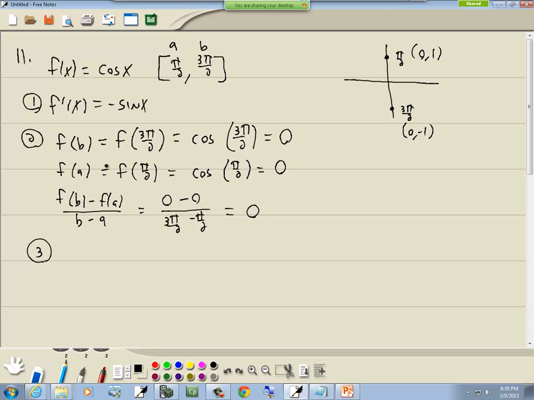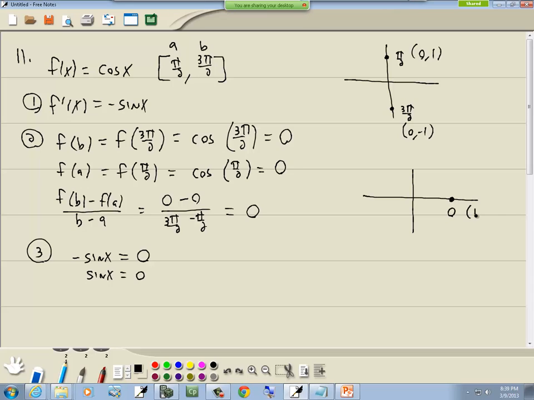Step 3, set your derivative, which was negative sine x, equal to the value you just found, which was 0. And then solve this. Well, we divide both sides by negative 1, and we get sine x equals 0 divided by negative 1, which is 0. Now if I look around my unit circle where sine is equal to 0, here at 0, it's equal to it.